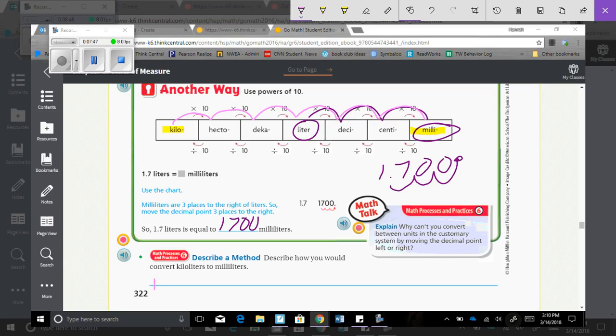So you would multiply the number of kiloliters, not meters, kiloliters, by 1, 2, 3, 4, 5, 6. So 1 million, or you could just write it as 10 to the 6th power.